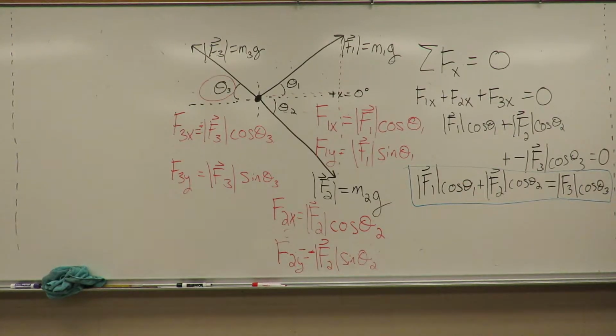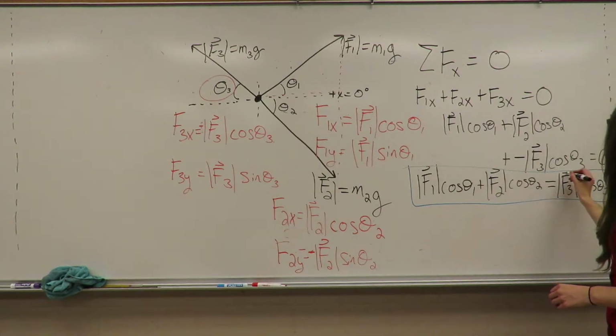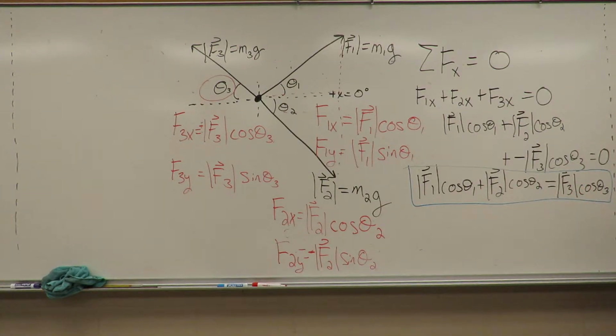All right, and now I need to get rid of this F3 term, so I'm going to divide both sides by the magnitude of F3, which is the third mass times gravity.